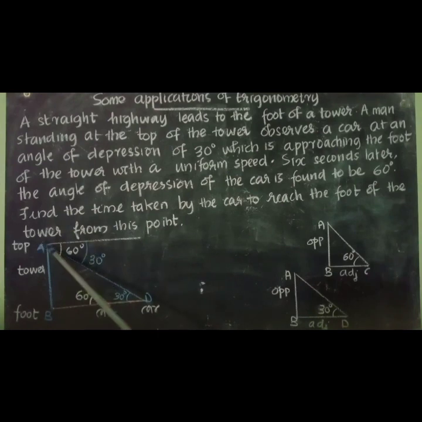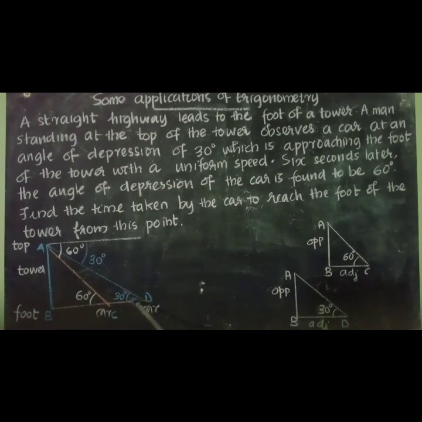So he is standing here and observing a car at an angle of depression of 30 degree. So this is the horizontal line and this is the line of sight. So here is formed angle of depression 30 degree.